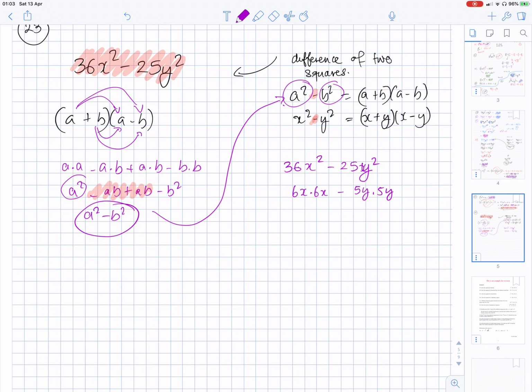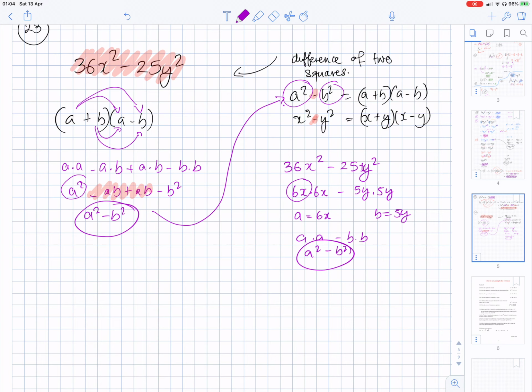So if I say a is 6x and b is 5y, then basically what I have is a times a minus b times b, which is the same as a squared minus b squared, which is what I had at the start.